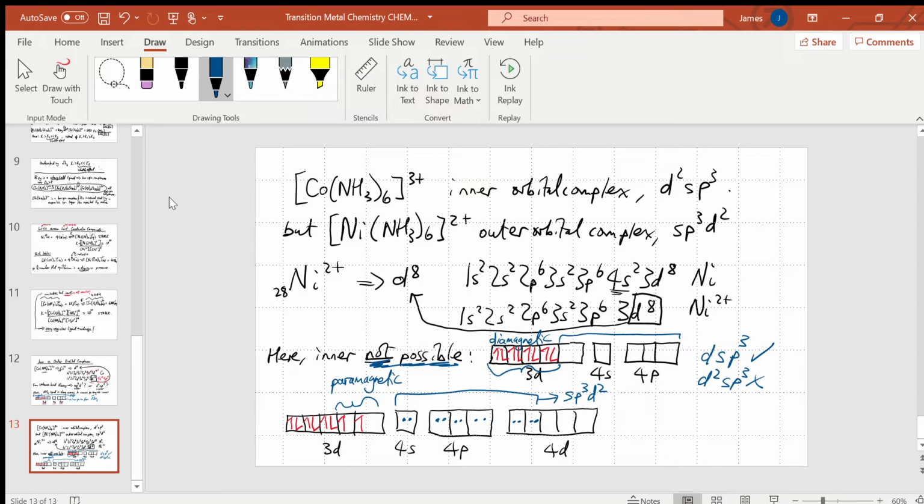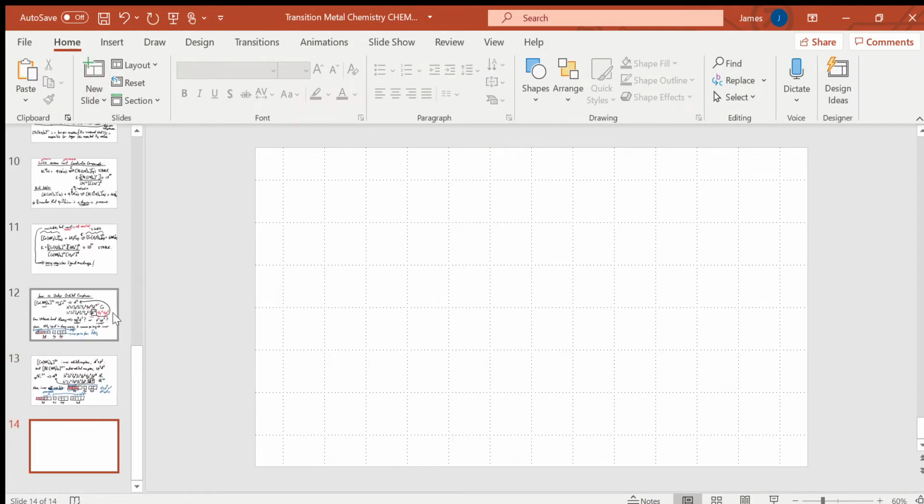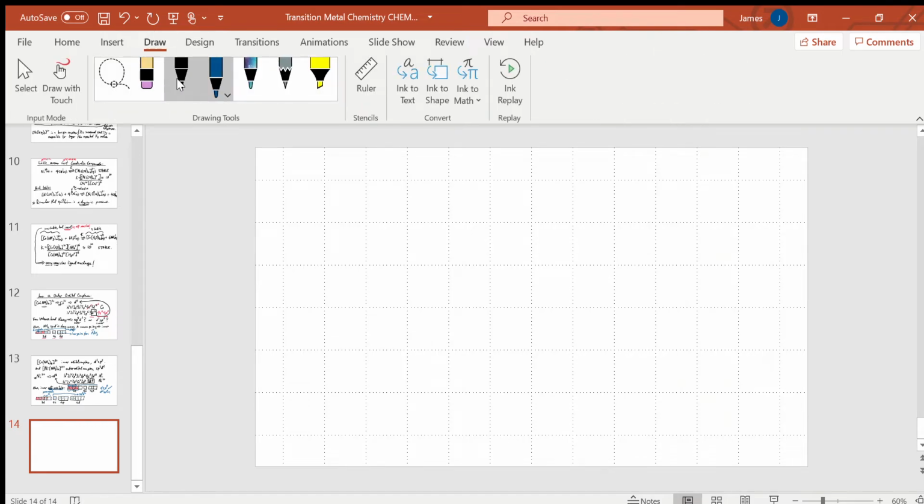Okay, let's look at another example. Two more examples, and that will segue us in nicely to look at titanium. So let's look at another example. Let's look at a nice cobalt example.